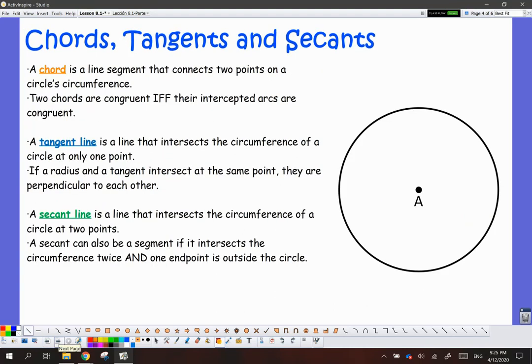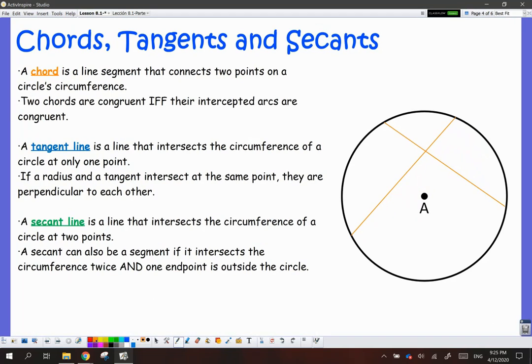A chord is any line that connects any 2 points on the circumference. So it could be something like that, or it could be something like that. It could even be a diameter like that too. That's also a chord. So chords just go through the circle, doesn't have to pass through any specific point, and it connects 2 points on the circumference.